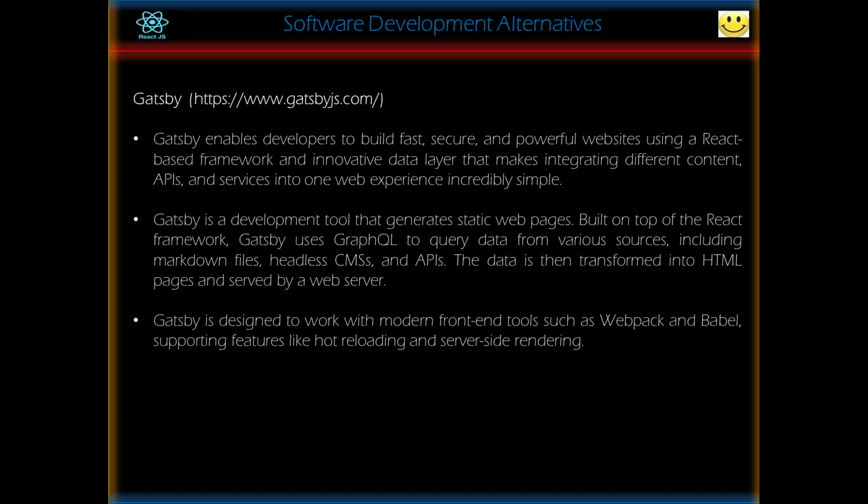Built on top of the React framework, Gatsby uses GraphQL to query data from various sources, including Markdown files, headless CMS, and APIs. The data is then transformed into HTML pages and served by a web server. Gatsby is designed to work with modern front-end tools such as Webpack and Babel, supporting features like hot reloading and server-side rendering.